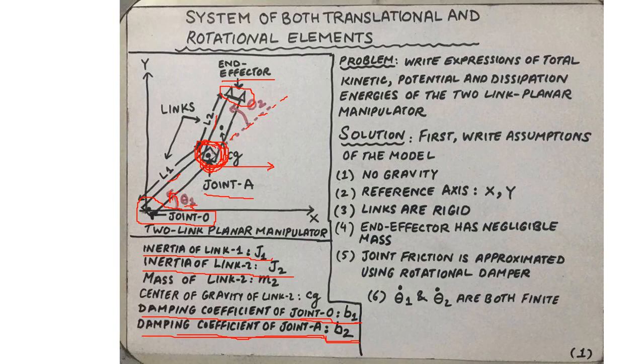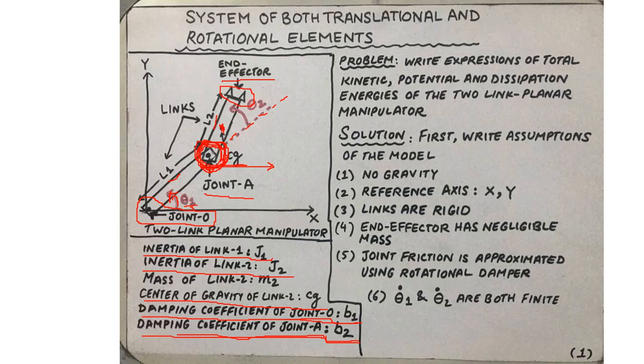Therefore, the axis of rotation of link 2 is not stationary, and because of that, link 2 shall also exhibit some translational motion. For that, we need to specify the center of gravity of link 2. It is shown here, CG, taken somewhere in the middle. So the center of gravity of link 2 is marked CG.